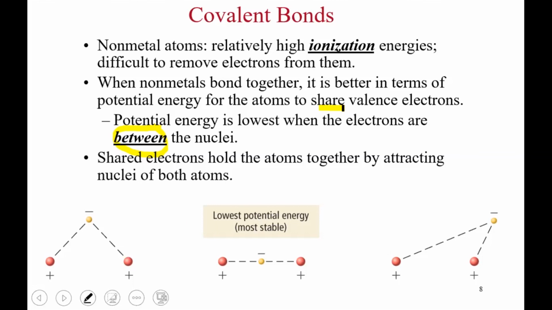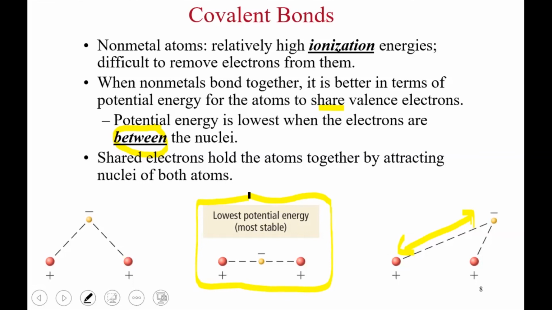And the one on the far right, you can see the electron is shifted more towards one nucleus, which is good for that, but it doesn't derive maximum benefit in its interaction with the other nucleus of the other atom. So you can see where the diagram in the middle here gives us a sketch where the electron is held right between the two atoms and therefore enjoys the maximum interaction with both positively charged nuclei.